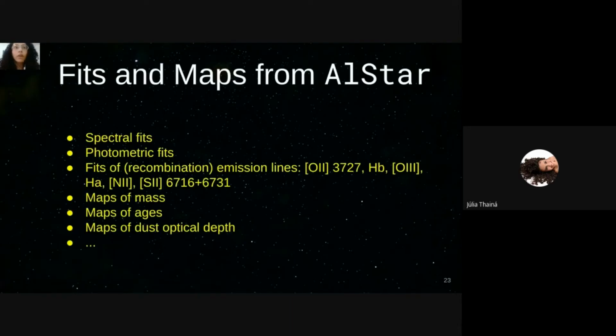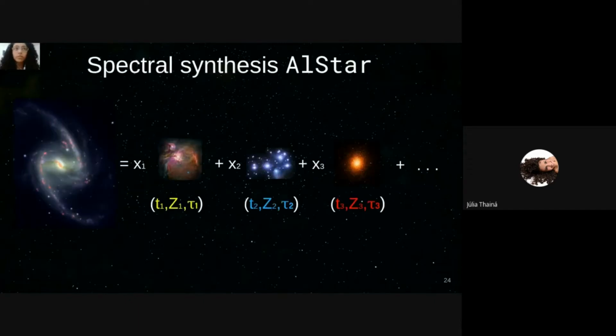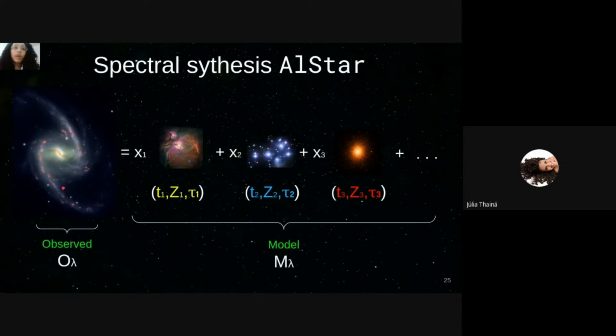Now I will show some fits and maps from All-Star. All-Star is a spectral synthesis code whose idea is that one galaxy, or a region of it, is formed by various stellar populations with different ages and different metallicities, such that the observed spectrum is a sum of these components.